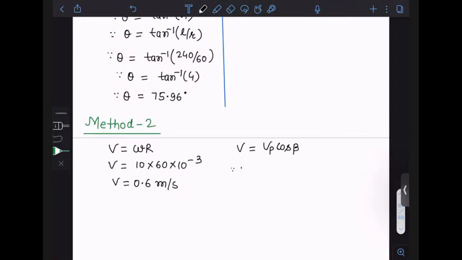So we need to find out the velocity of the piston. It is V by cos beta, correct? So here VP is equal to V, which is 0.6, divided by cos beta.